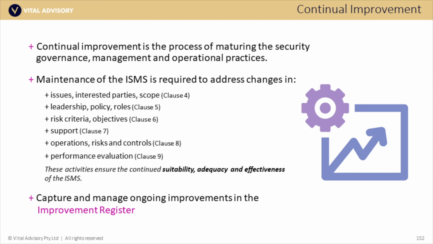New systems, new controls roll out, new upgrades, staff changes, procedure improvements, incidents, and all of those things are going to change how things get done here. And clause 9, performance evaluation, metrics, audit, those things might change, particularly your metrics.